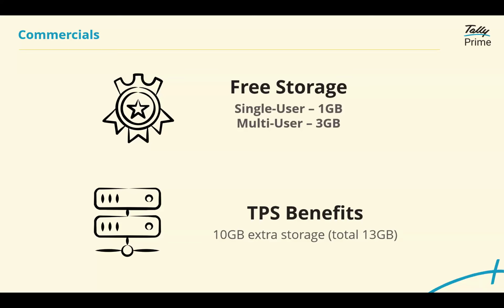So 1 GB is for single user and 3 GB is for multi-user. And on top of that, if you have TPS, that is Tally Prime Server, you will get plus 10 GB extra on your gold license. That is a total of 13 GB you will get for TPS. Hope I am clear.